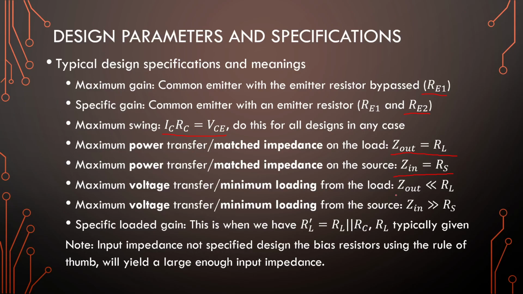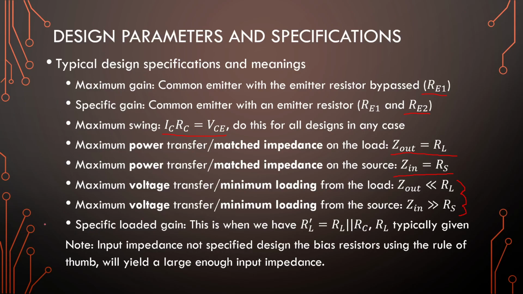So this is a way to design towards that goal, and that is just to pick your output impedance to be much smaller than your load and your input impedance to be much greater than your source. Typically 10 times greater or 10 times smaller will do.